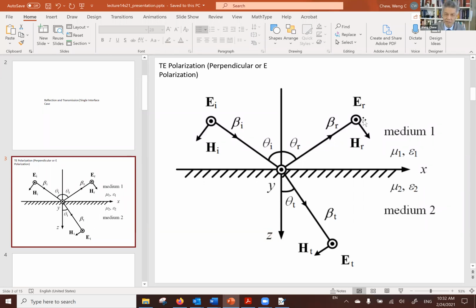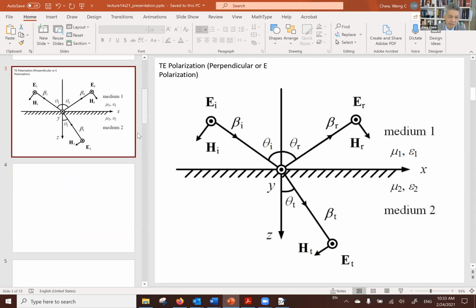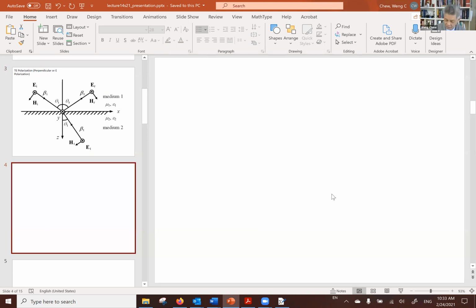We assume that we only have a single interface between 2 media, medium 1 and medium 2. We have solutions to Maxwell's equations in region 1, and solutions in region 2. We will use physical insight to guess how the solutions would look in these 2 regions, and then we match boundary conditions to obtain the unknown coefficients. So let's begin the derivation.